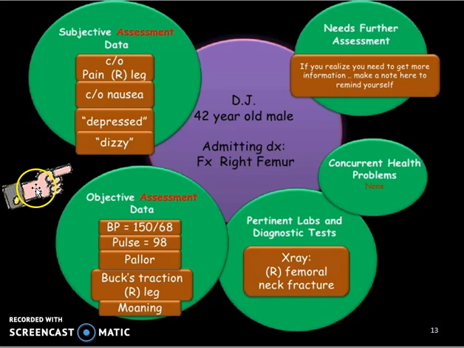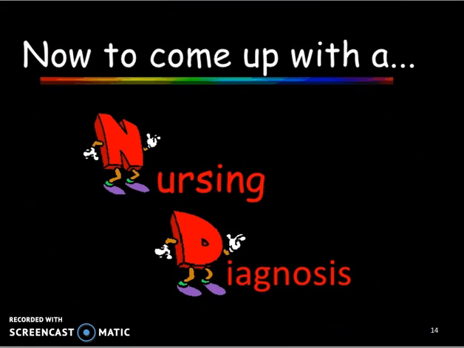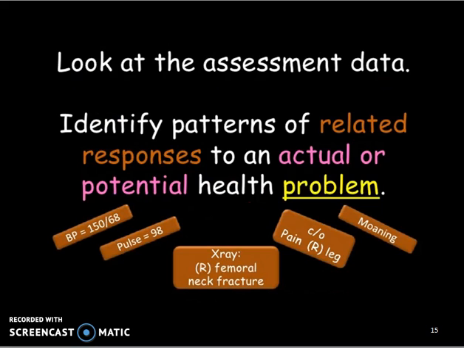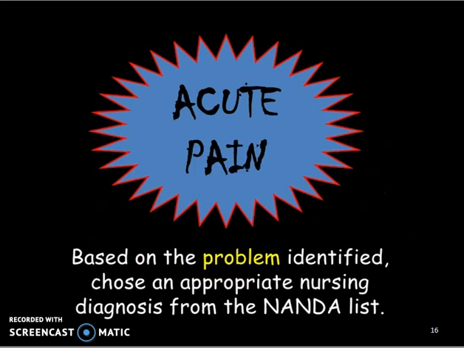Now come up with a nursing diagnosis. Look at the assessment data and identify patterns of related responses to an actual or potential health problem, such as blood pressure 150/68, pulse is 98, patient is moaning, complaining of pain in right leg, and probably because he has a right femoral neck fracture.